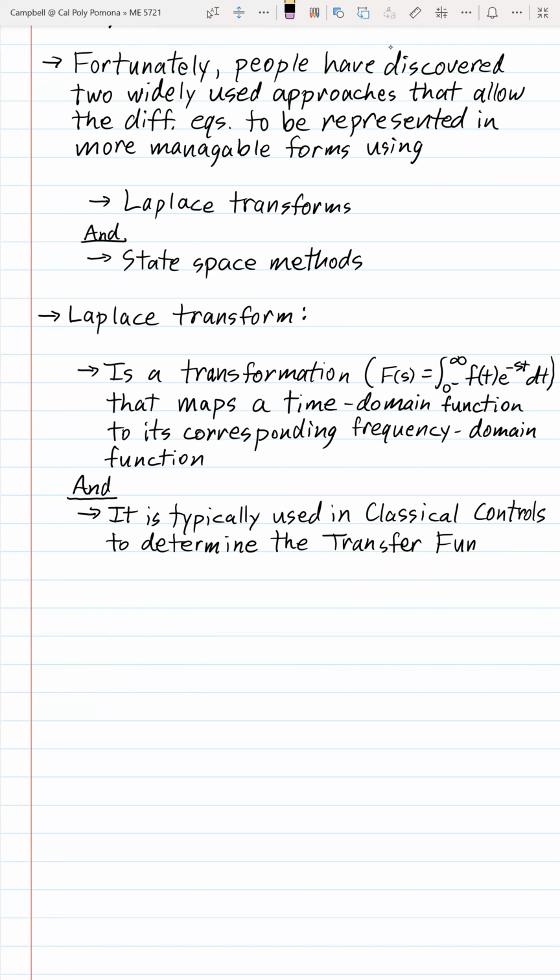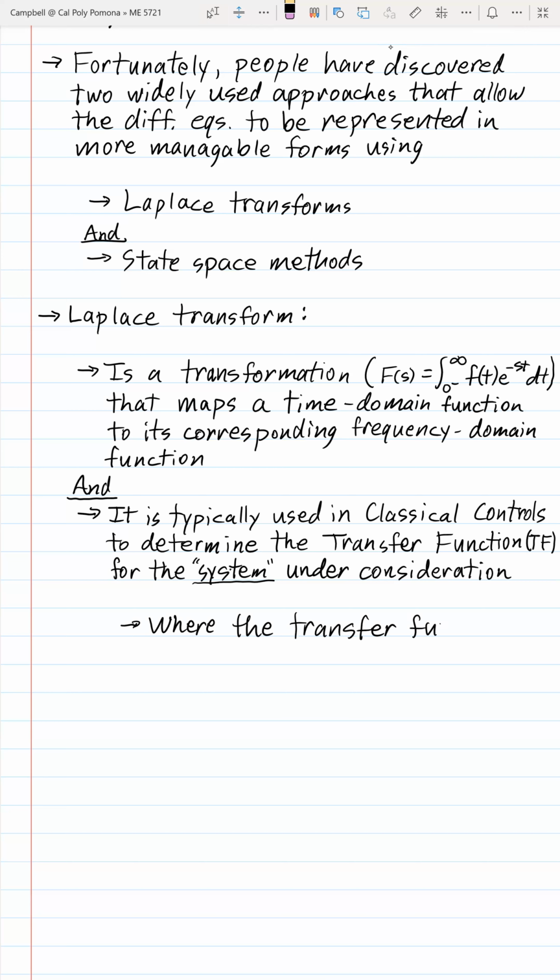So here, the transfer function, as I've been discussing, is defined to be the transfer function in the frequency domain is equal to the one output that we're considering, represented in the frequency domain, over the input as expressed in the frequency domain.